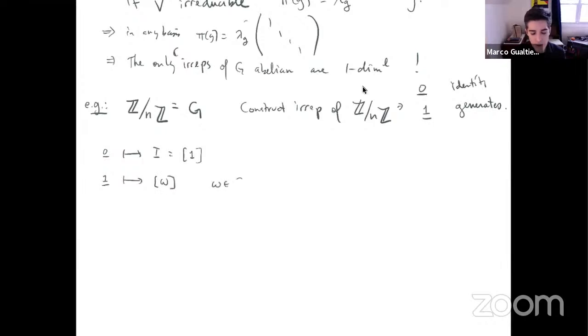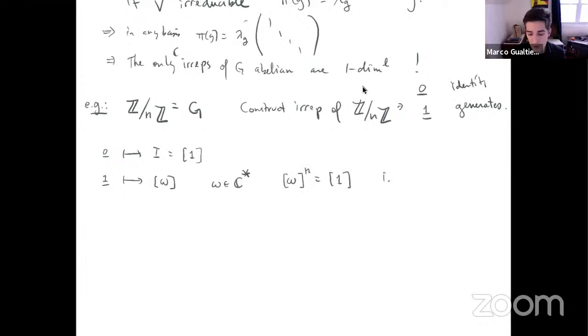Omega is a complex number. It has to be invertible, so it's a non-zero complex number. And what must it satisfy? Well, being a generator, the relation for this group is that if I add 1 to itself n times, I get the identity. So that means that the matrix omega raised to the nth power should be the identity matrix.